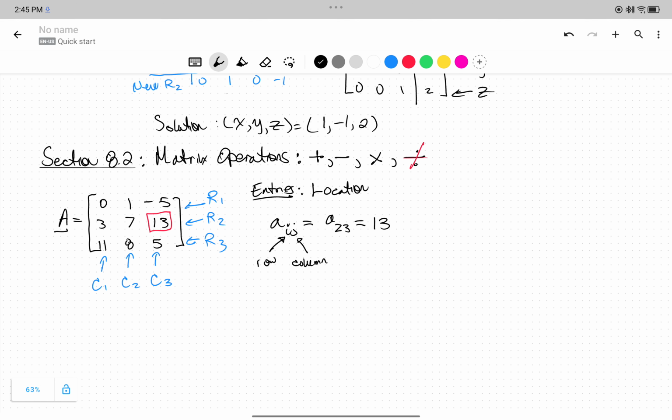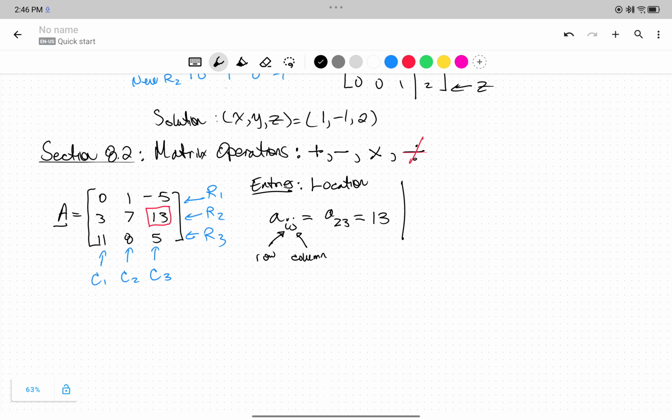Okay, the other thing that is important is the size. All right, so the size of the matrix is given by the dimensions. What do I mean by dimensions? How many rows does it have?